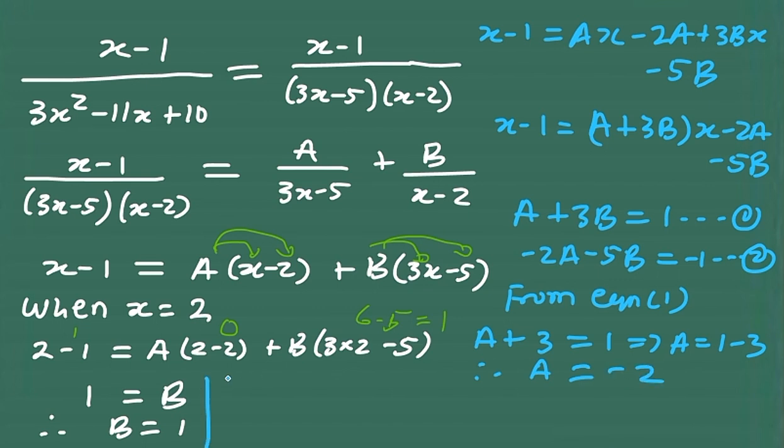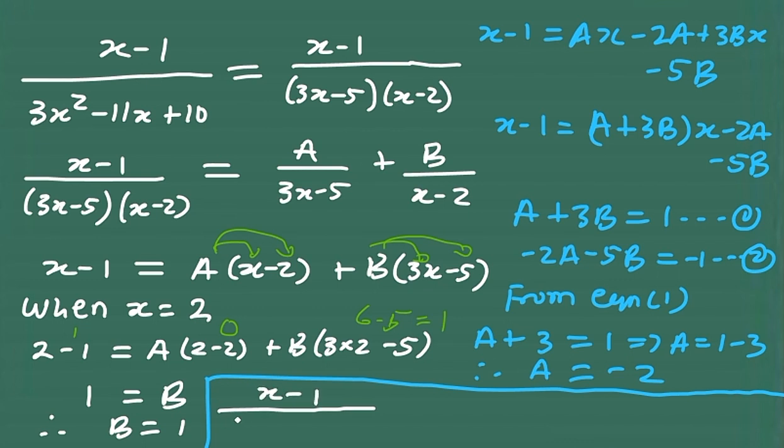Okay, so here we are going to substitute the values of a and b into the expression, which is x minus 1 all over 3x minus 5 times x minus 2.